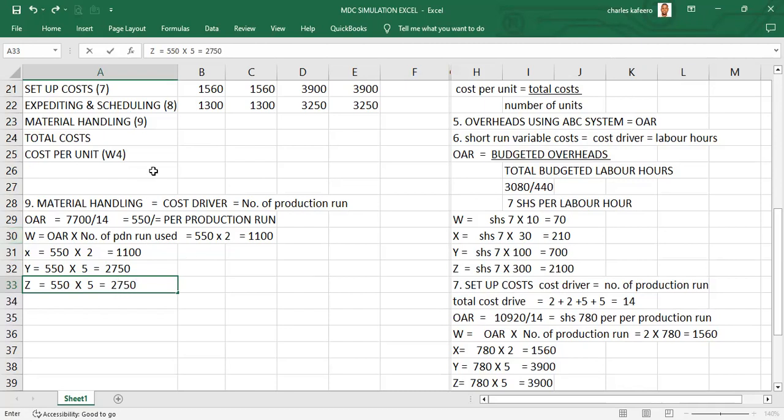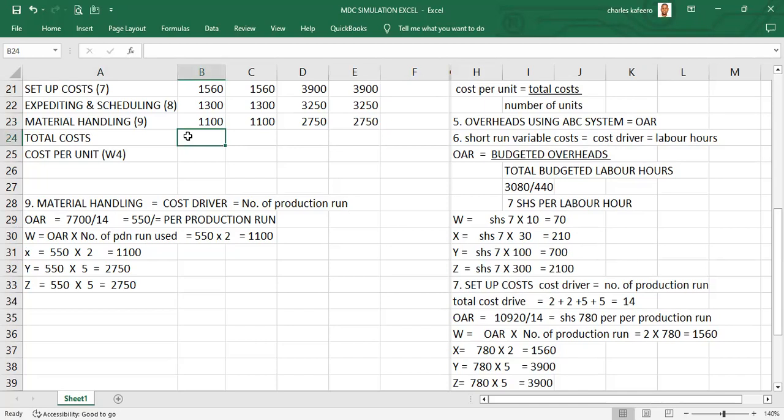So it is these figures that we are transferring to our cost sheet, which is 1,100, even this one is 1,100, this one is going to be 2,750, and this one is also 2,750. So we add all that and we get the total cost.